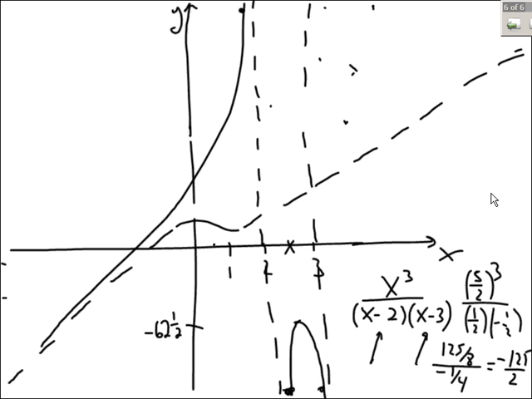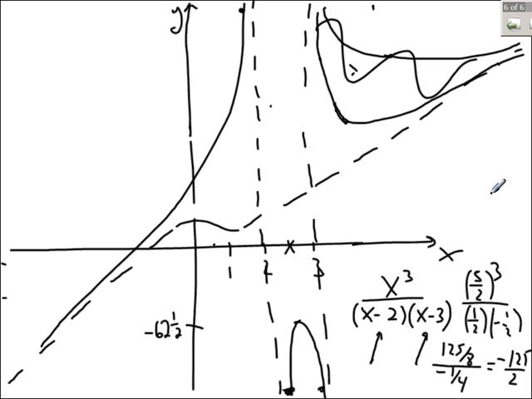The graph could look like this. Could look like that. Can look like this as well. Just get closer and closer to both of them. Don't go crazy in there.